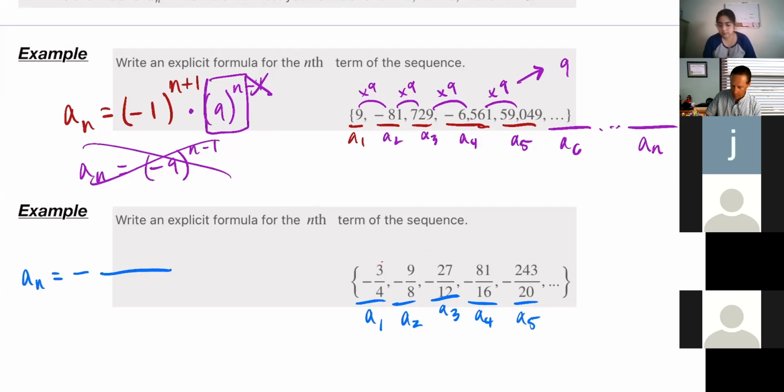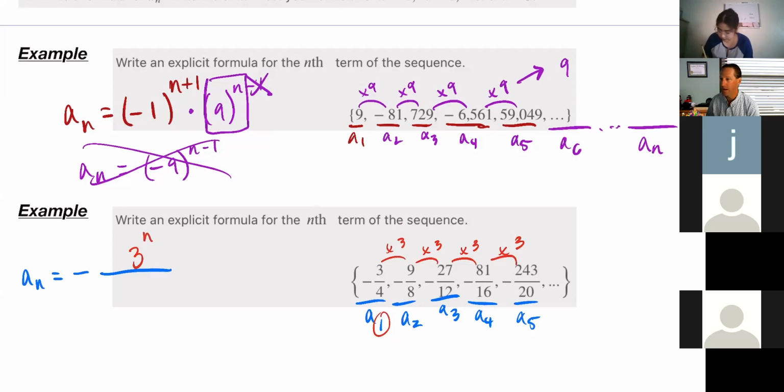Multiply by 3. Good. So just looking up here on the top, the numerator, I can tell that it's multiplying by 3 a certain number of times. How many times? I don't know. It depends on the term itself, right? So how do we write multiplication multiple times? Powers.